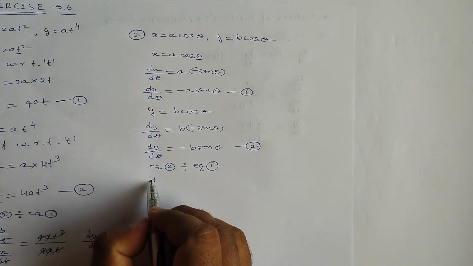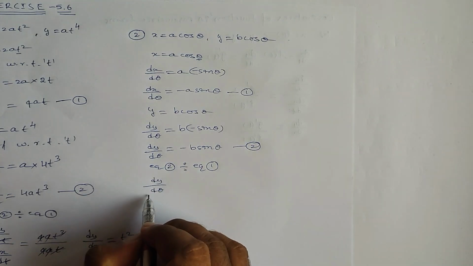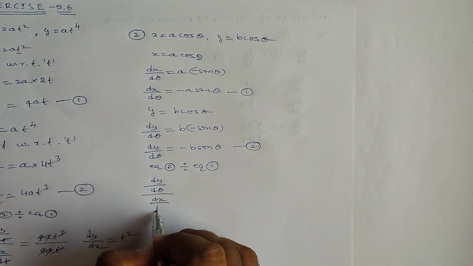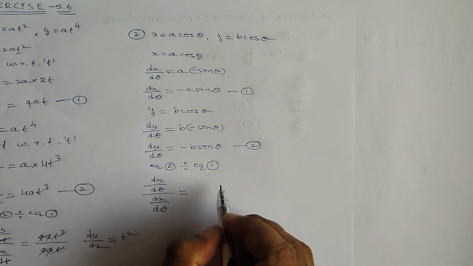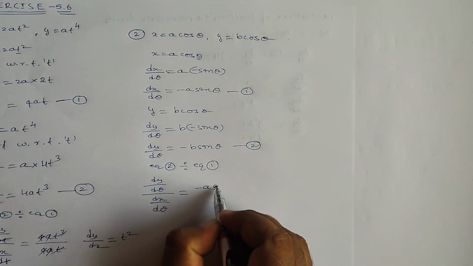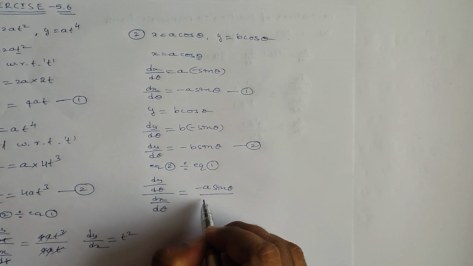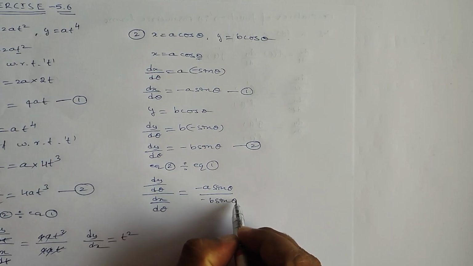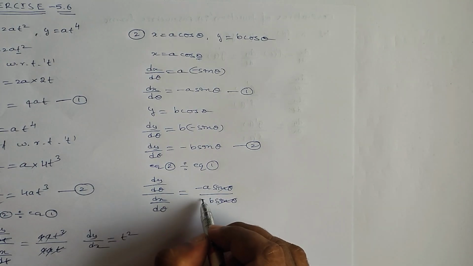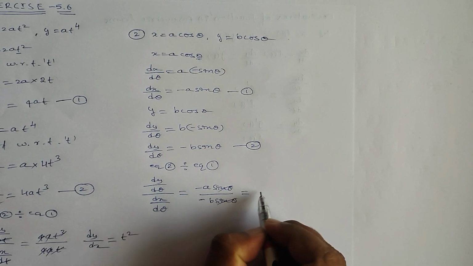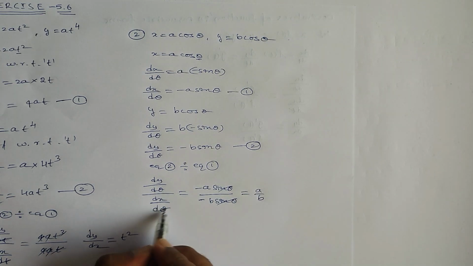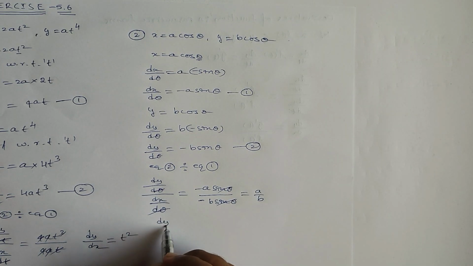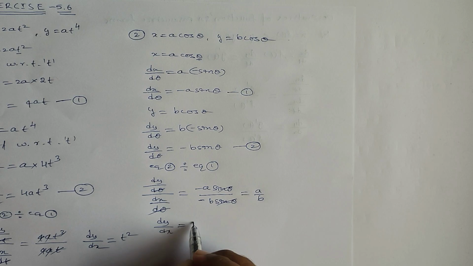So that becomes dy by d theta divided by dx by d theta is equal to minus b sin theta divided by minus a sin theta. Here sin theta cancels, minus becomes plus, d theta cancels, then dy by dx is equal to what? b by a.